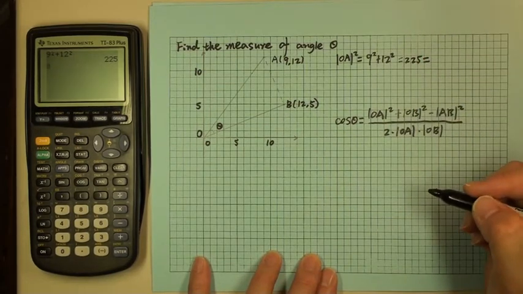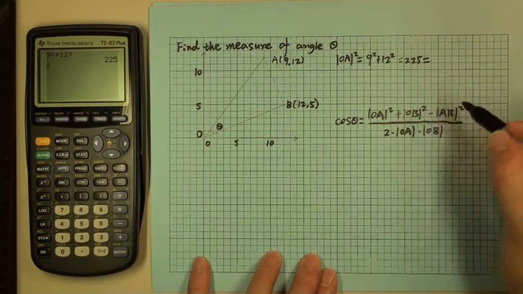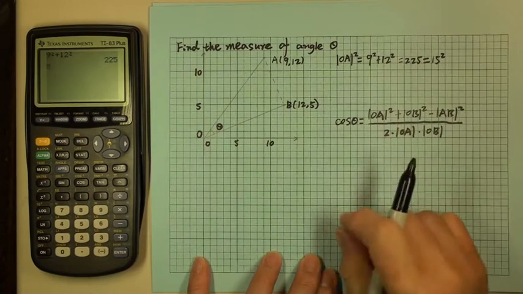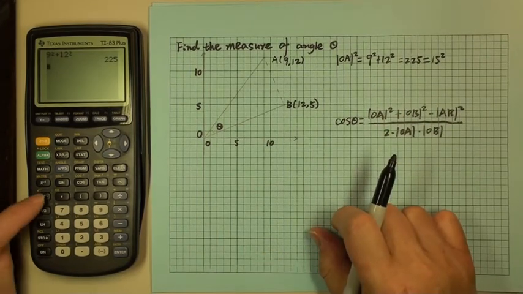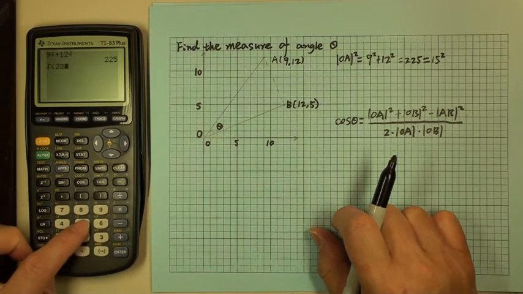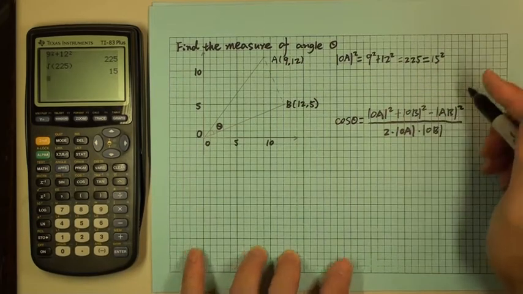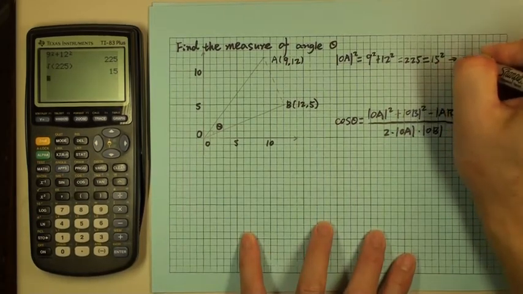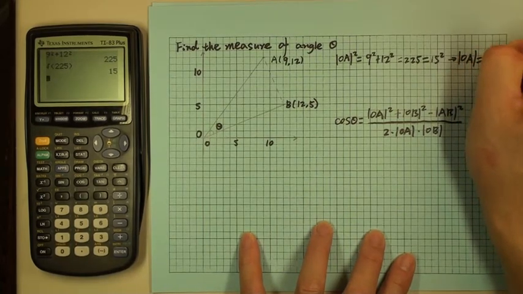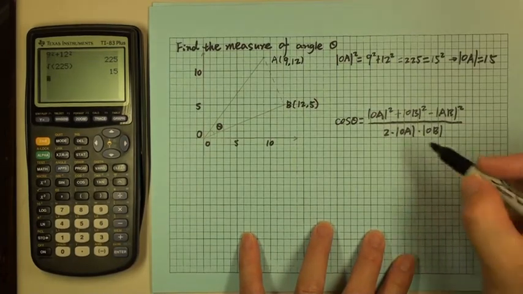If you remember, 225 is 15 squared. The radical of 225 is 15. Then this tells us OA is 15. So this length is actually 15 units.